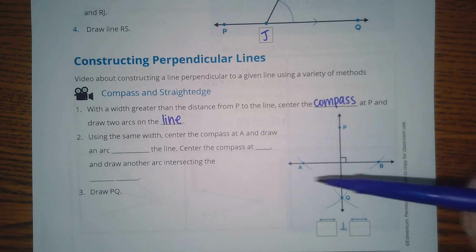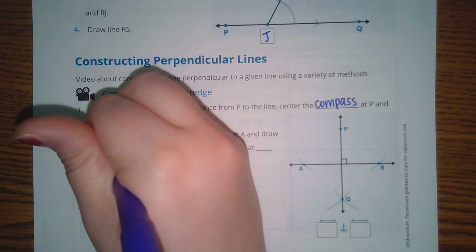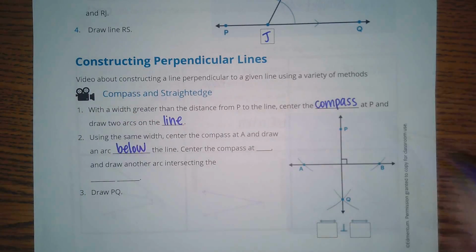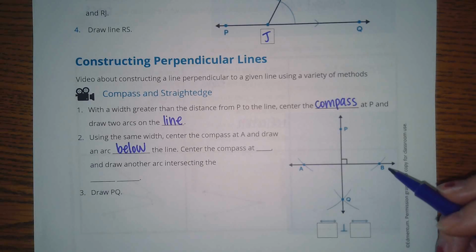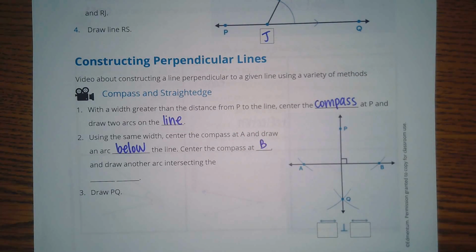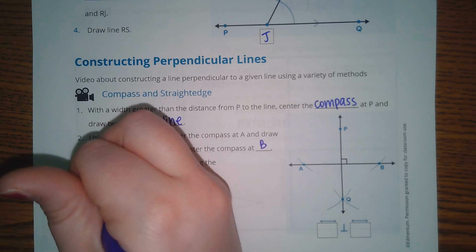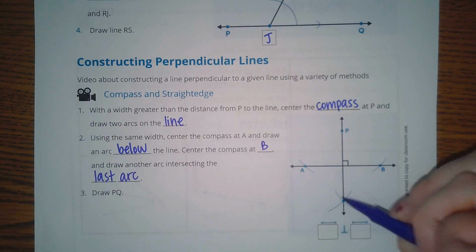I'm going to center the compass at this point A, and then draw an arc below the line, so down here. And then I also want to center the compass at this point B, and then draw another arc intersecting the last arc. So that's going to be this one down here.